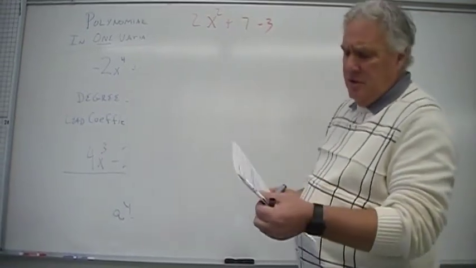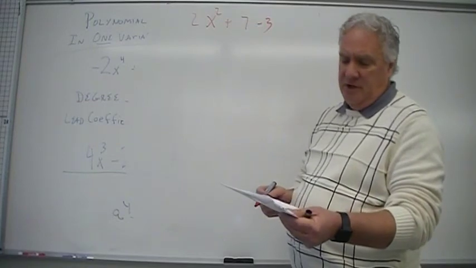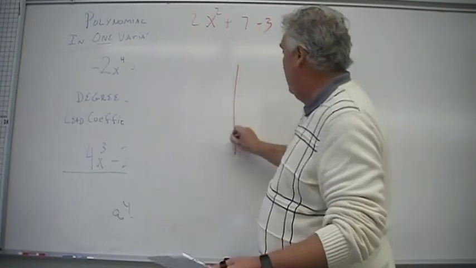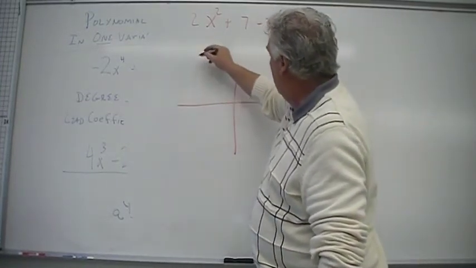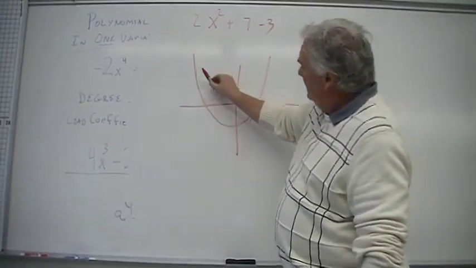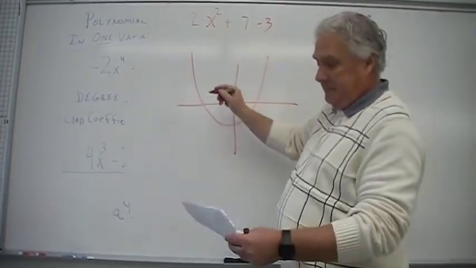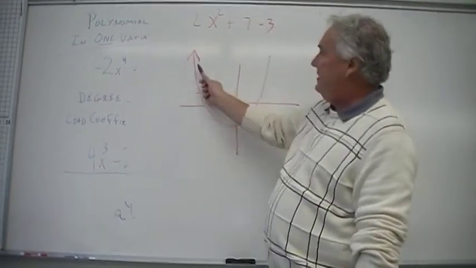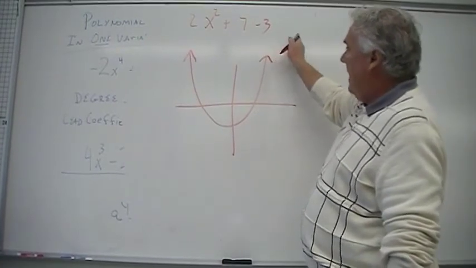That means the first part says f of x is approaching positive infinity as x is approaching negative infinity. And what that means is this. It's a parabola. X is approaching negative infinity. It's going on forever. But the end behavior is that it's going up. And this one is going up here.